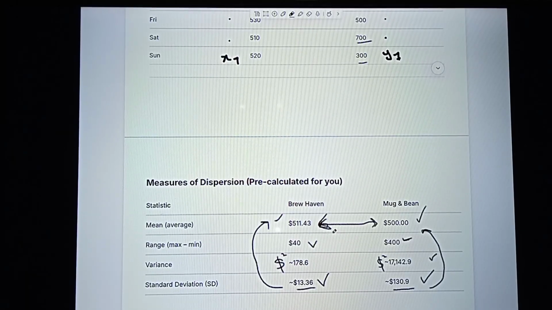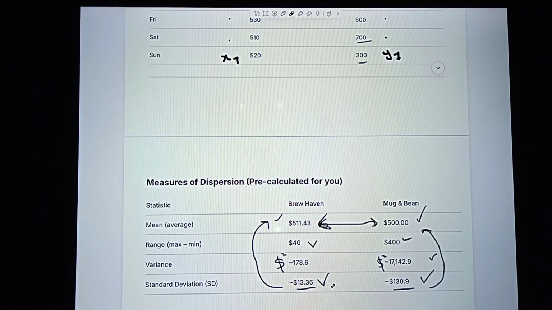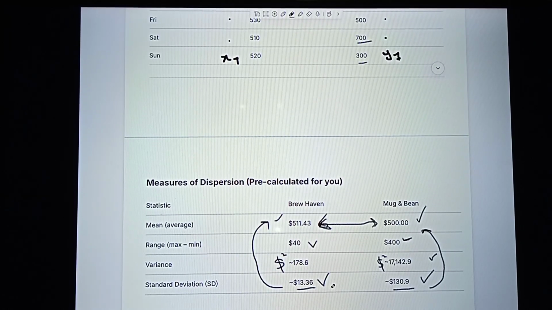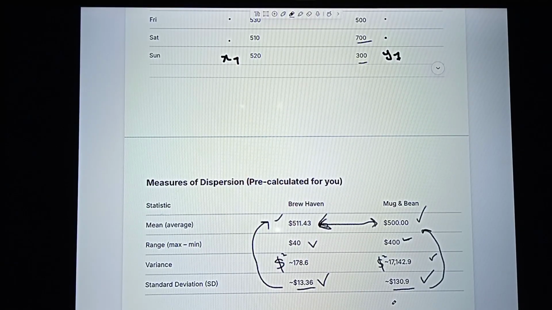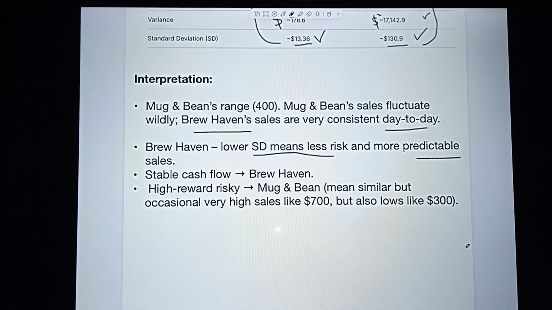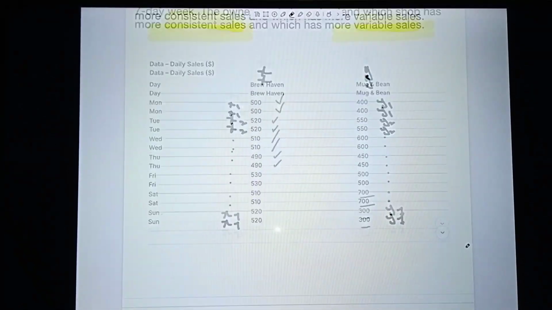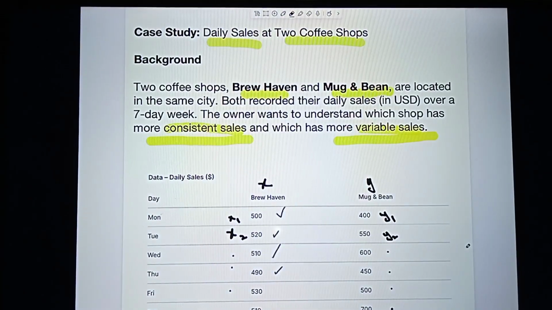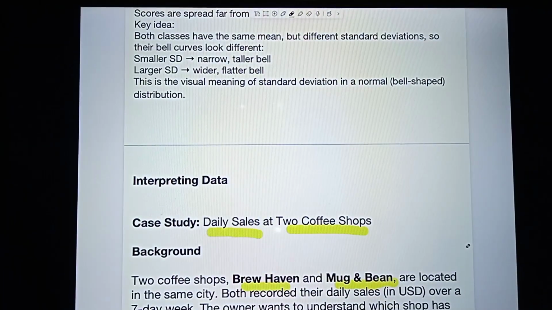Lower range and lower standard deviation mean a more consistent and predictable business, and high range and high standard deviation mean a more variable and risky business. That is why measures of dispersion are important in addition to measures of central tendency. So this is the interpretation of the above data.